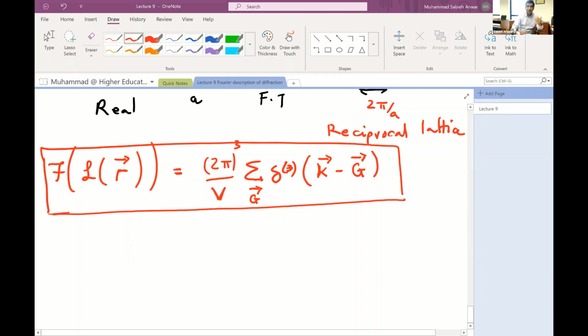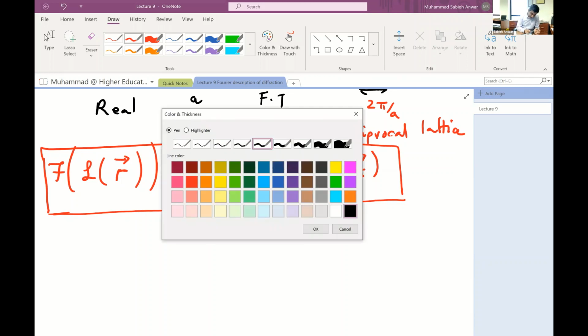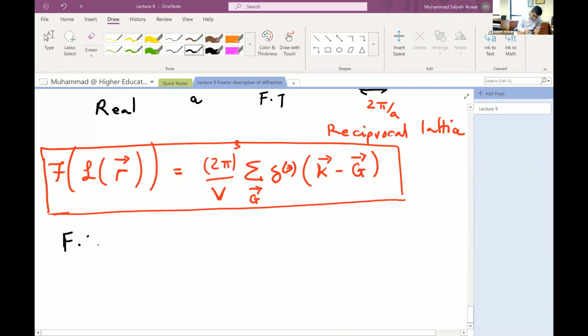The Fourier transform of the lattice is the reciprocal lattice. The reciprocal lattice exists in the reciprocal space. So this is such an important point, I would like to write it down. The Fourier transform of the direct lattice is the reciprocal lattice.